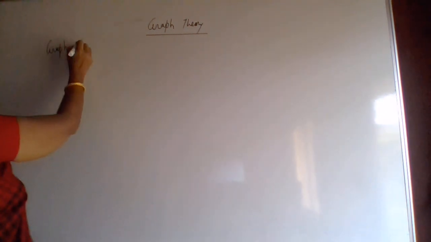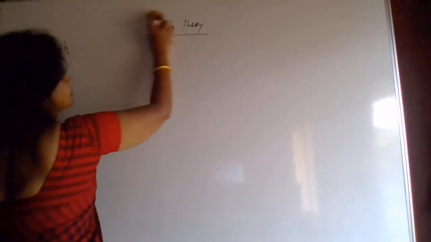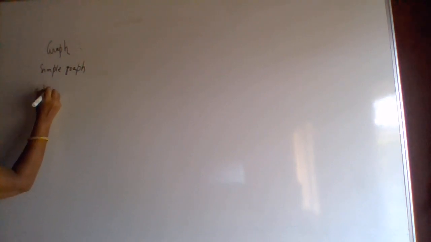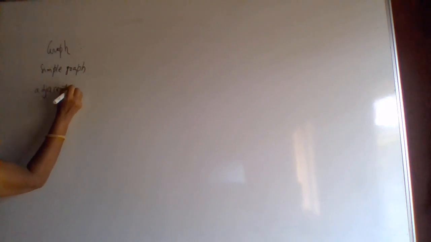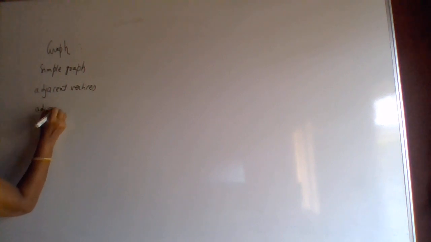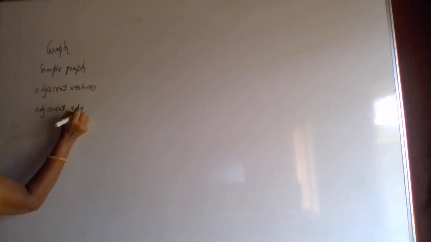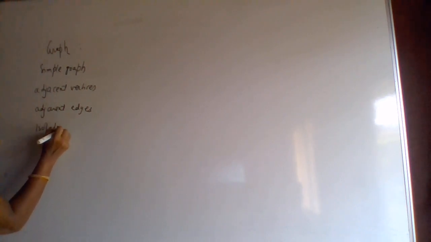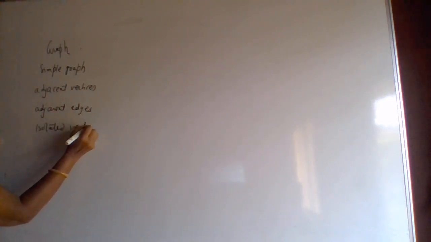What is a graph? The basic terms which we are going to see, I'll just note down here and we will see one by one. So, what is a graph? What is a simple graph? Then, adjacent vertices. Next, adjacent edges. Then, we have isolated vertex.